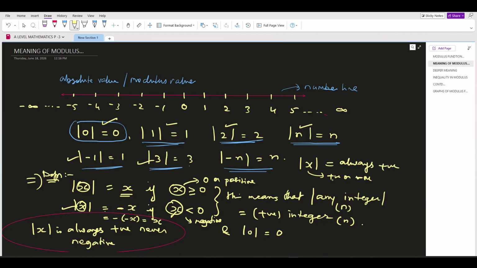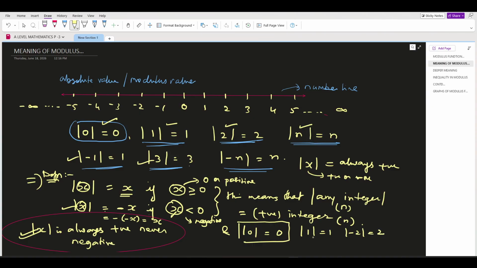This you have to always bear in mind. So modulus of x is always positive, never negative. Understood? Modulus of 0 you have to take as 0. Modulus of 1 will be 1. Modulus of -2 will be 2.